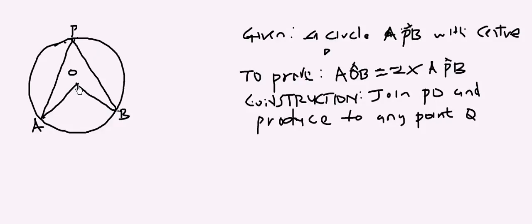I will produce it to any point Q. So I have a line from this point passing through O to any point Q.